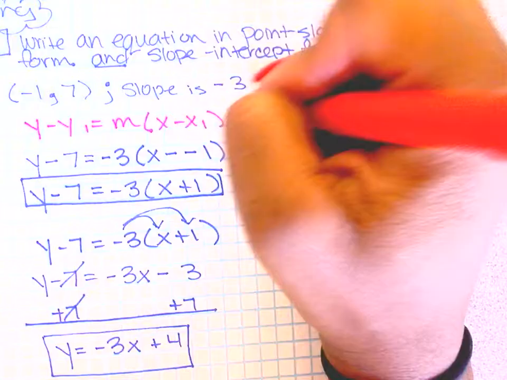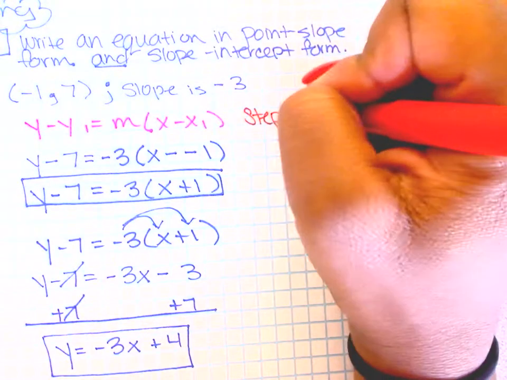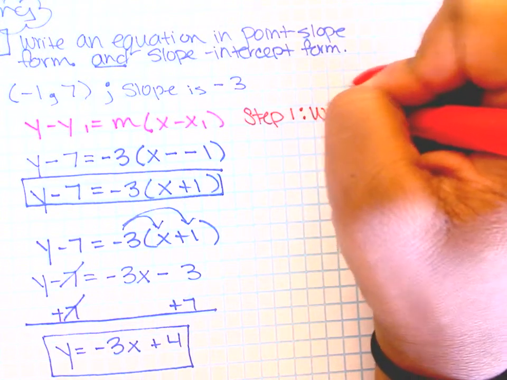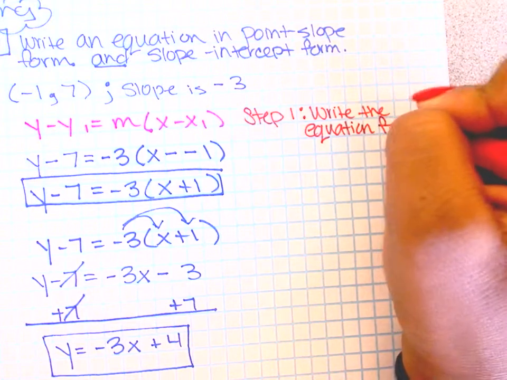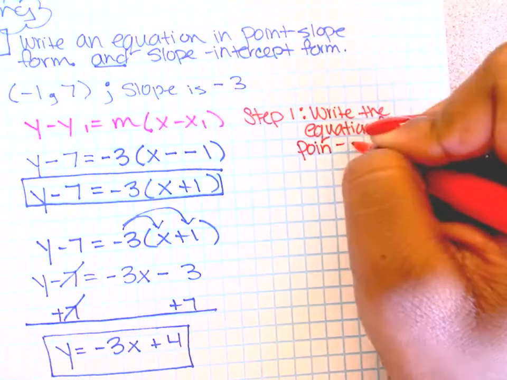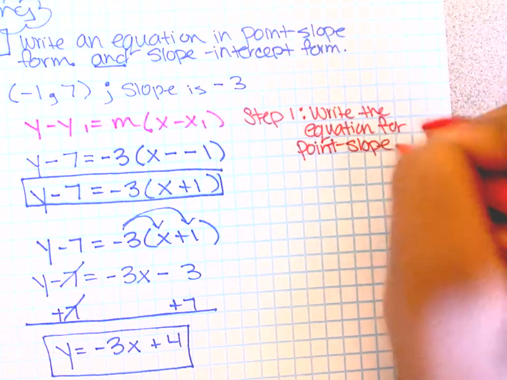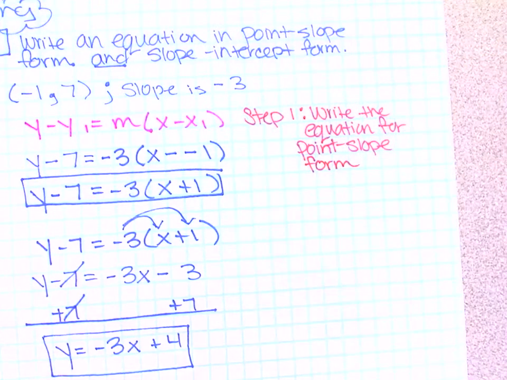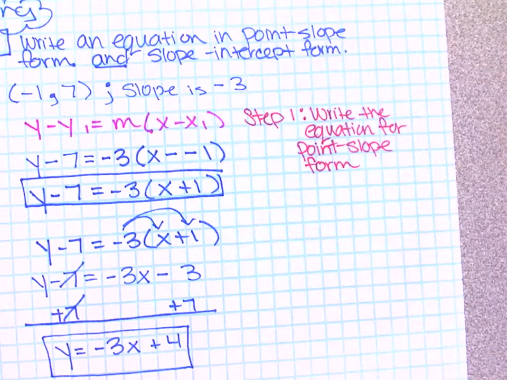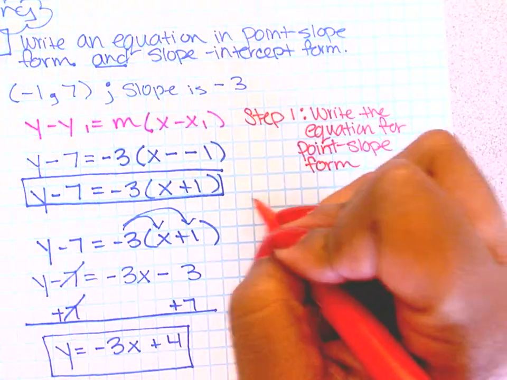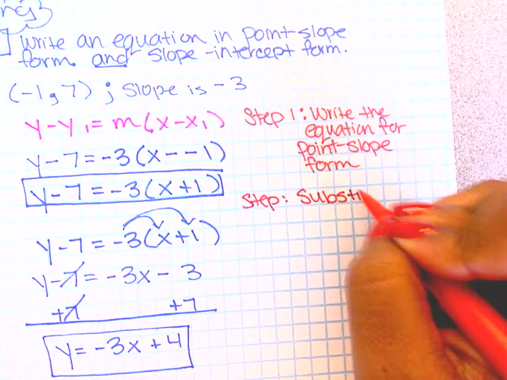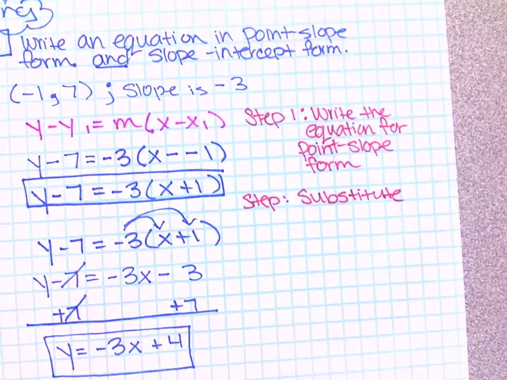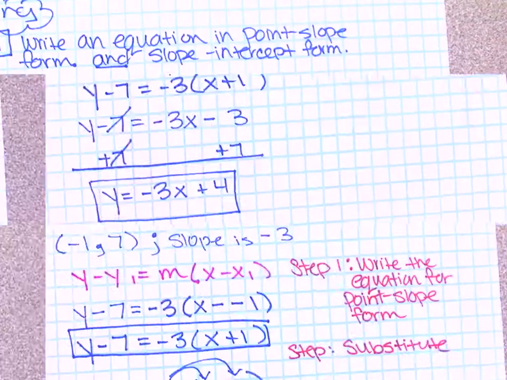Okay, so right next to the problem that we just did, because we found point slope and slope intercept, let's write the steps to remember when we get home. Step 1, you're going to write the equation for point slope form. Then what we did next was we substituted the numbers that they gave us for the coordinates. Substitute those numbers in.